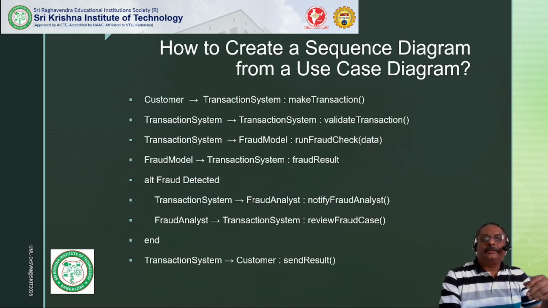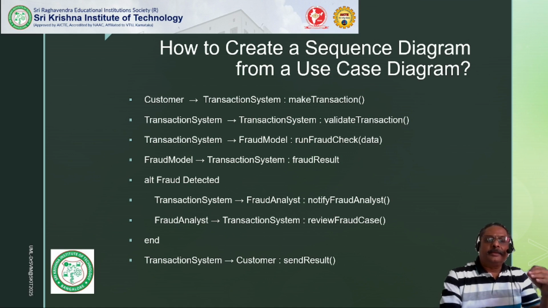So here we have customer to transaction system, make transaction; transaction system to transaction system, validate transaction; transaction system to fraud model, run fraud check given the data; then fraud model to transaction system, whether it is fraud or not.